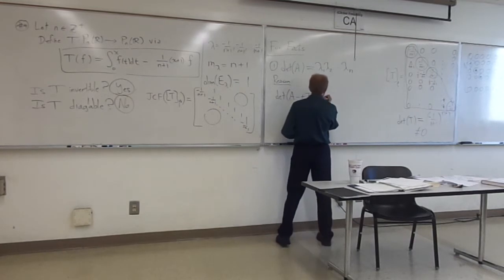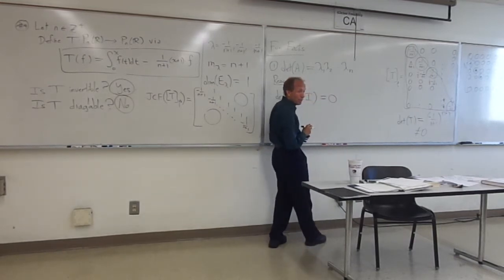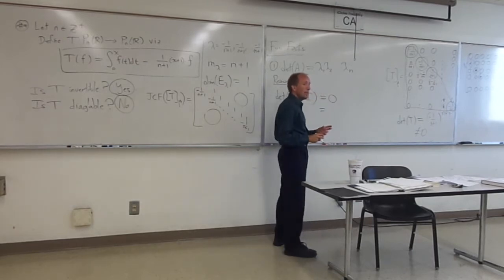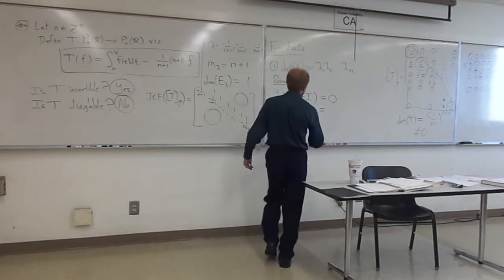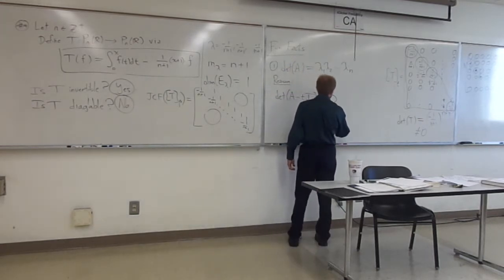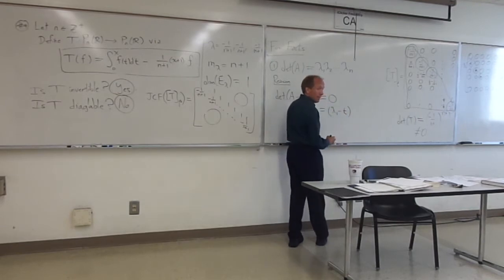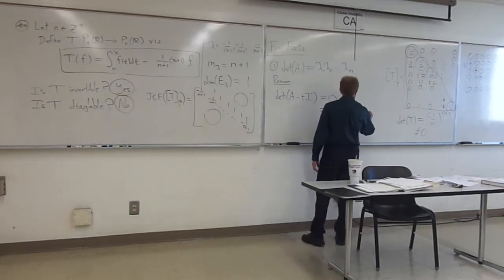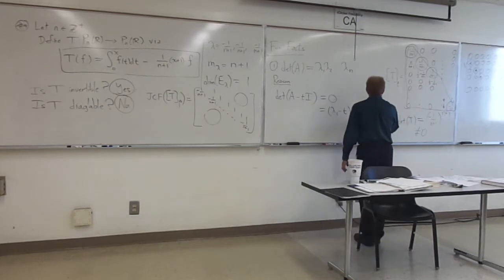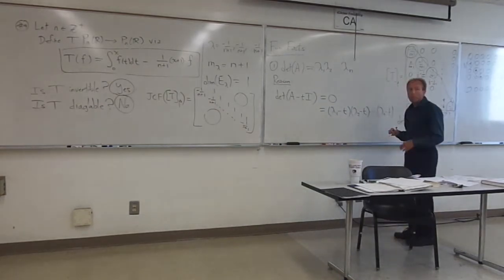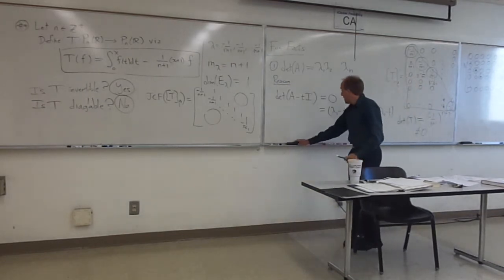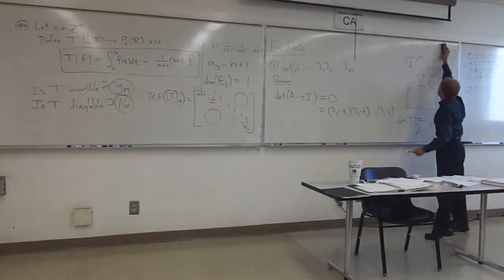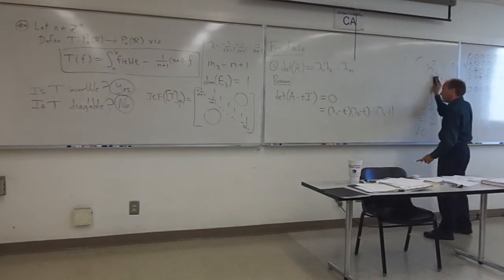Basically you're going to set this equal to 0 to find your lambdas. Every time you find a lambda value, you're actually finding a root of the polynomial. So there is one root that would have the form lambda 1 minus t, and another root that would have the form lambda 2 minus t, and so on. In other words, this characteristic polynomial must factor, and the roots that correspond to those factors are precisely the lambdas, the eigenvalues of the matrix. So you have to have that equation right there.